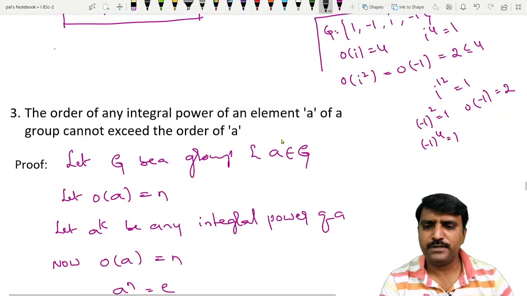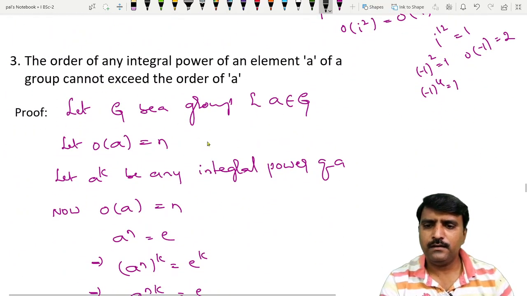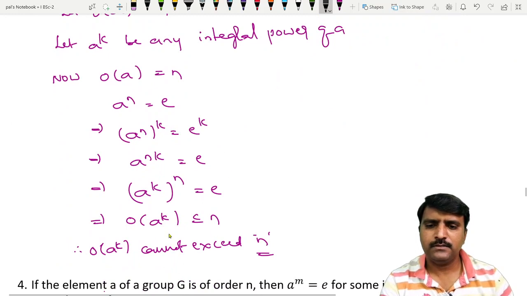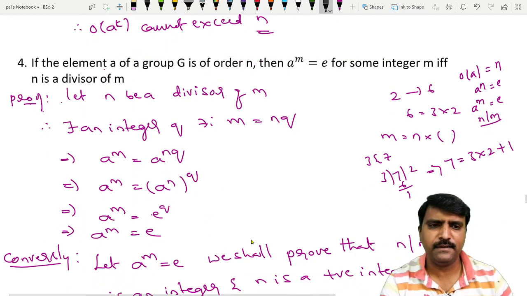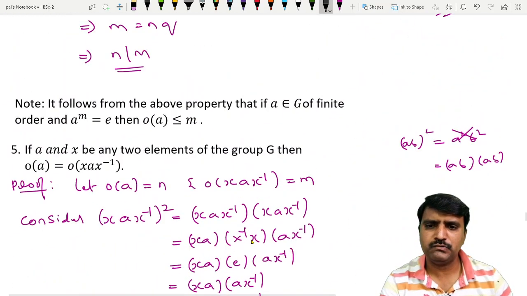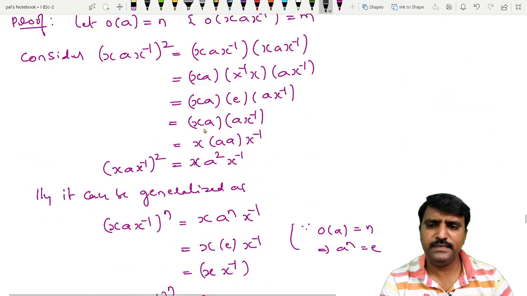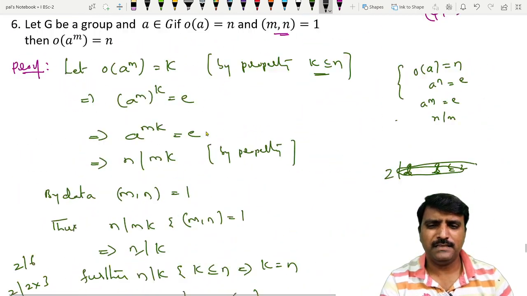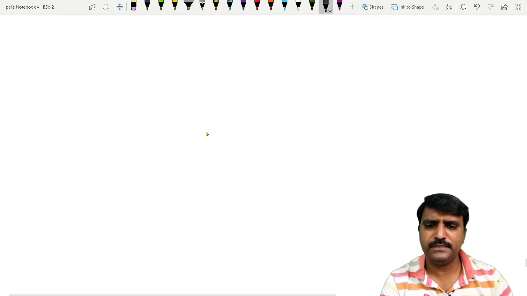I'm using the third property here. Order of a to the power of k cannot exceed n. Actually, I have written that in my notes. If a to the power of m is e, then order of a is less than or equal to m.